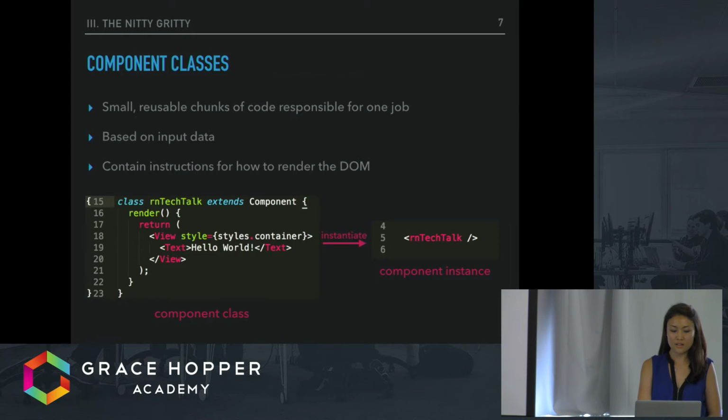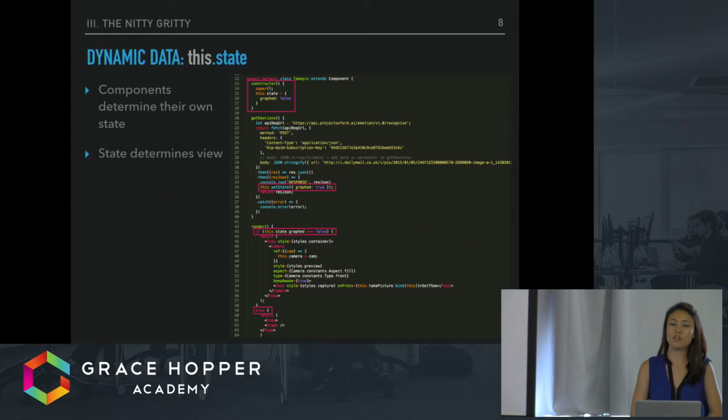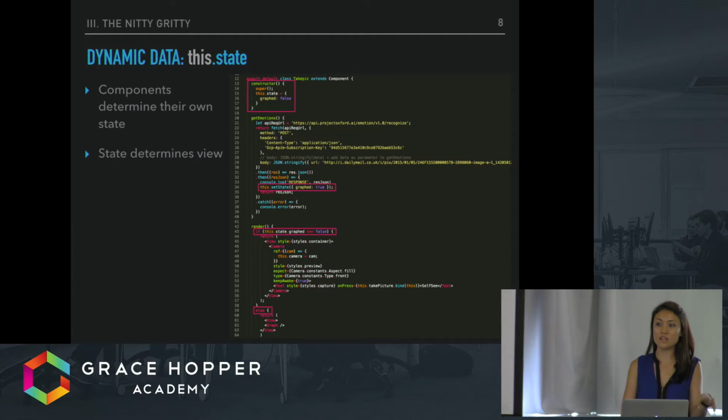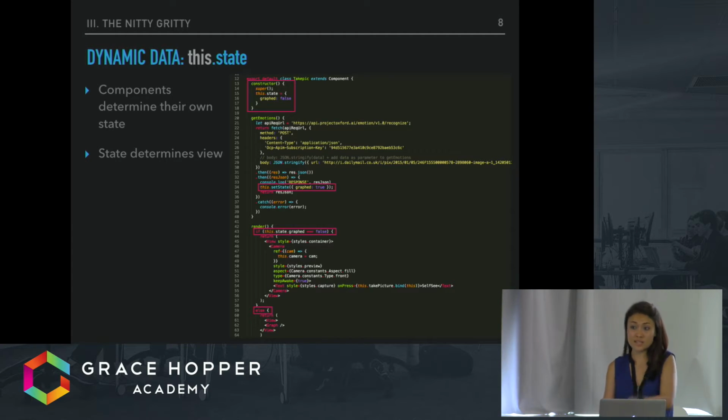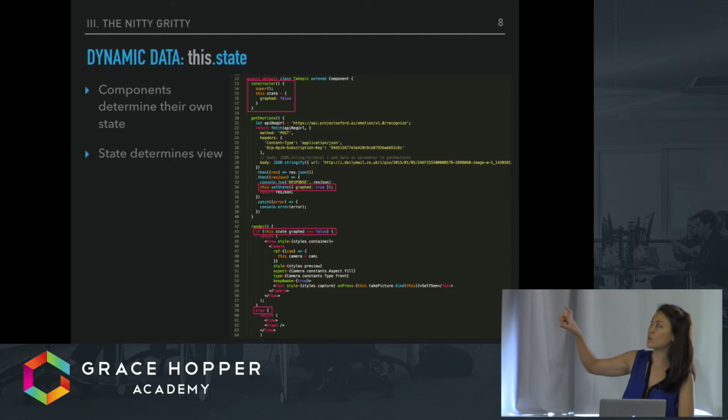And then from here, actually rendering some kind of dynamic page, you can get dynamic data into your component classes via state and props. State is defined within a component class itself, and then from there you can use different methods within the component class to alter state, which then lets you render different views from that state.